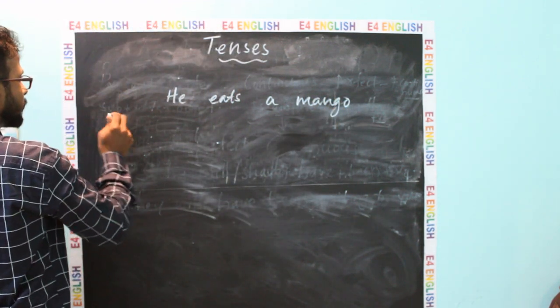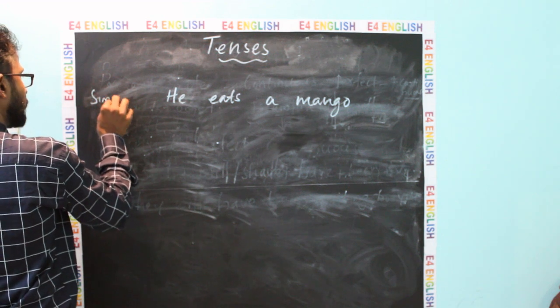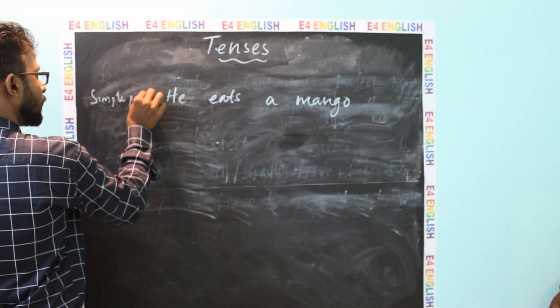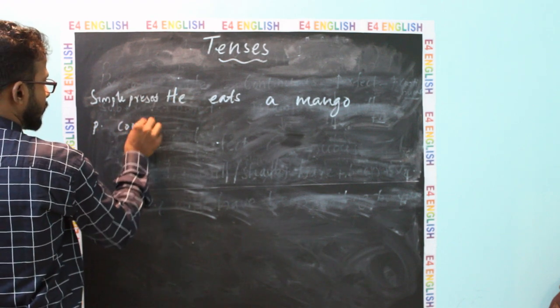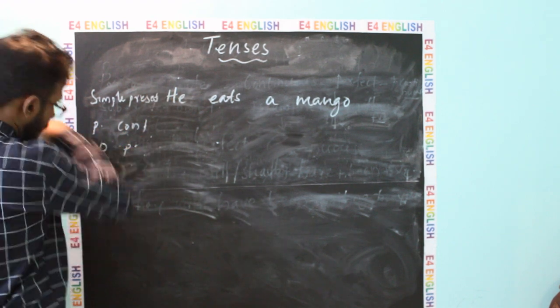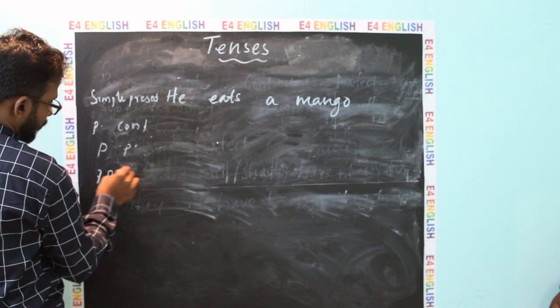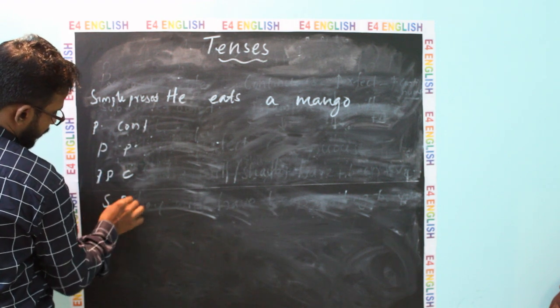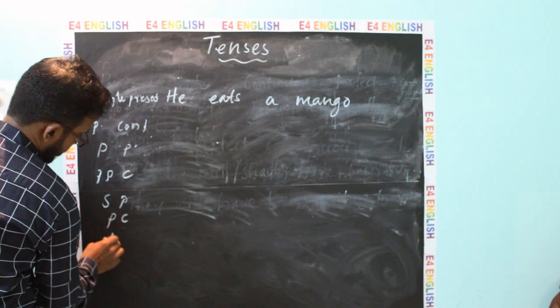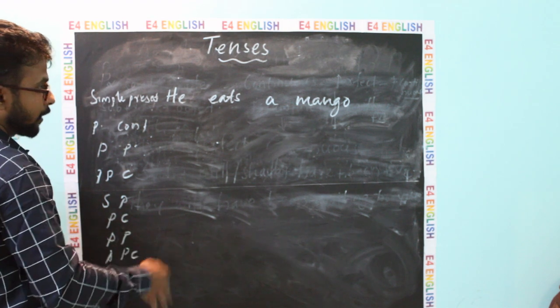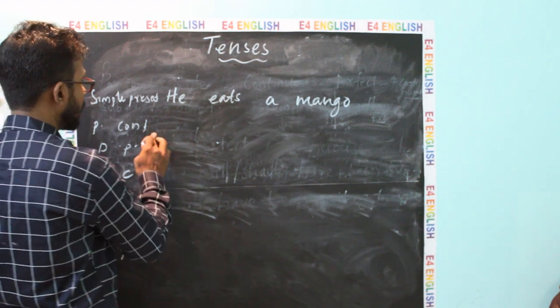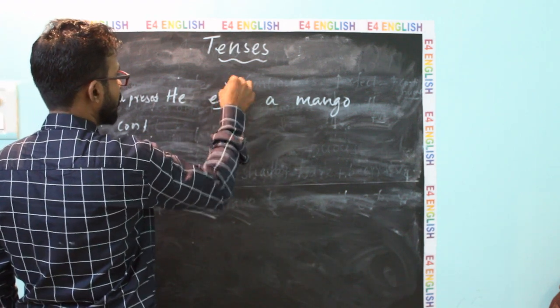You may draw a table like this. Simple present, then present continuous, present perfect, present perfect continuous, simple past, past continuous, past perfect, past perfect continuous. Then like that, future also you write. Here, he eats is V1, simple present.